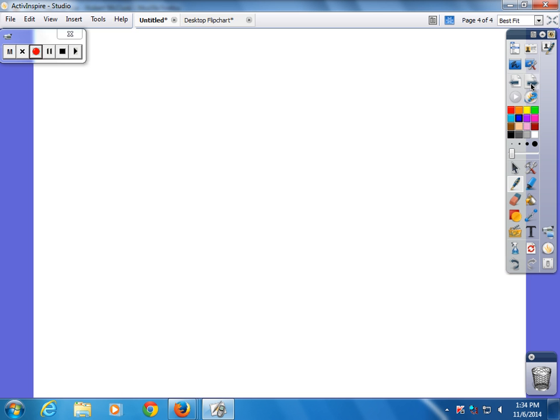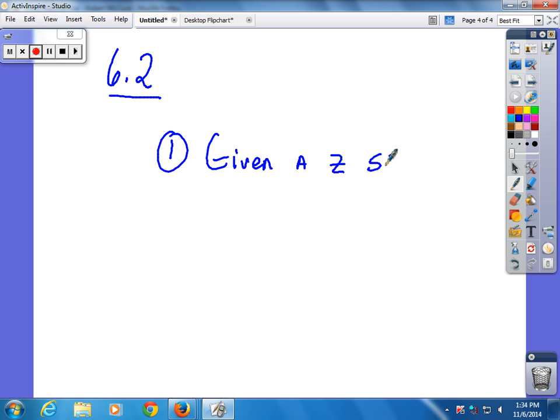Now, the two type problems you're going to have in 6.2 are: given a z-score, find the area. And of course I put area in quotation marks, but what is area? Probability.